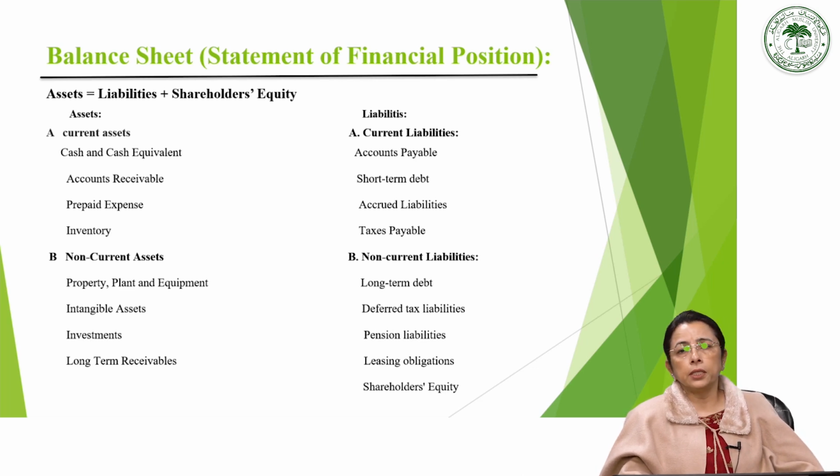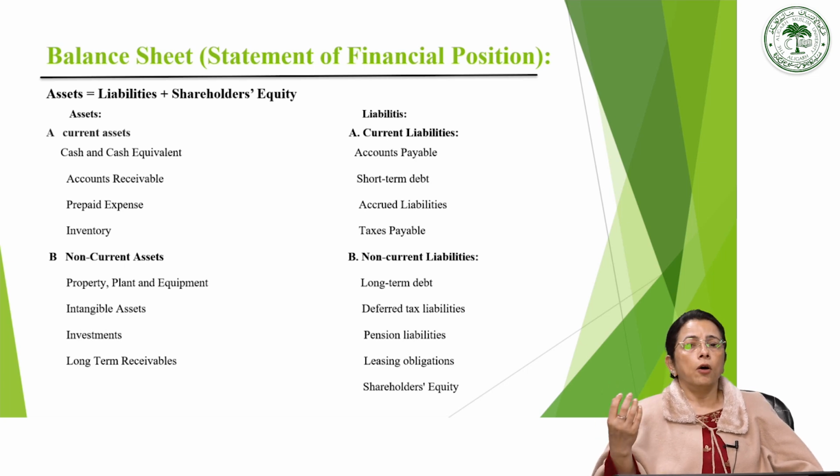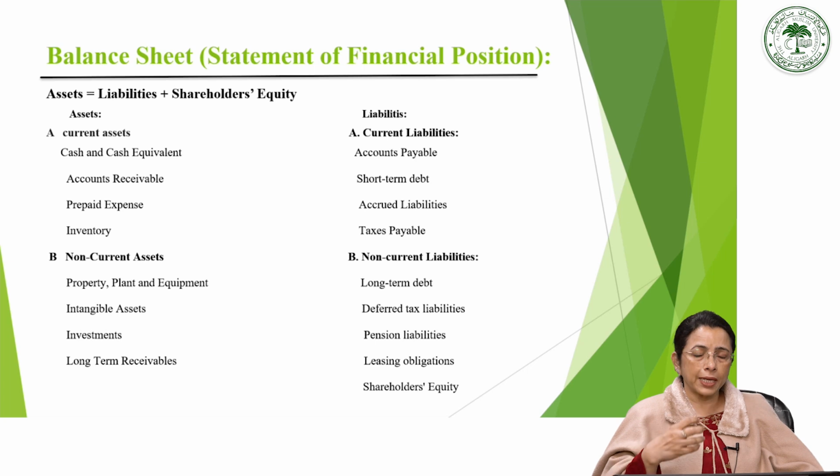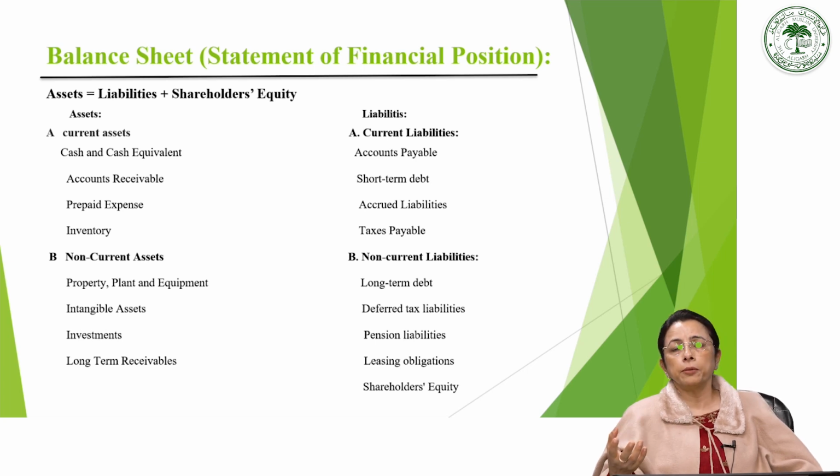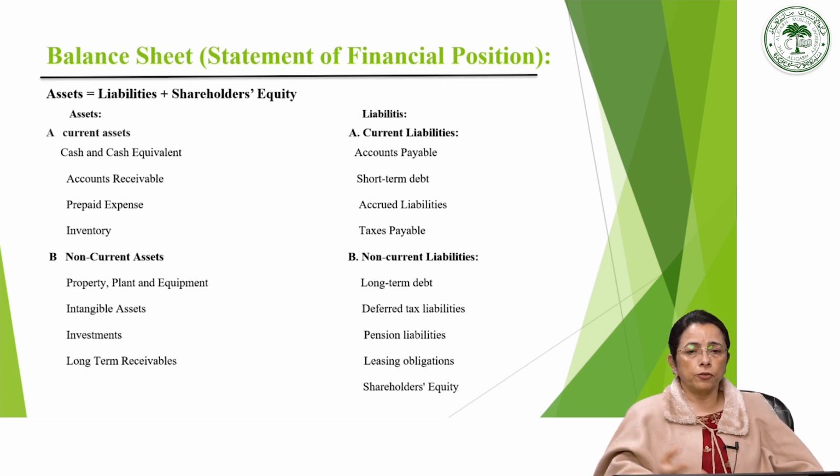Non-current liability, the word itself is telling us that the liability stands for a period of more than 1 year or 2 years, which is a longer duration or gestation period. We are taking advantage of maybe commodities, equipment, cash, etc., but we have to return it after a long period of time.